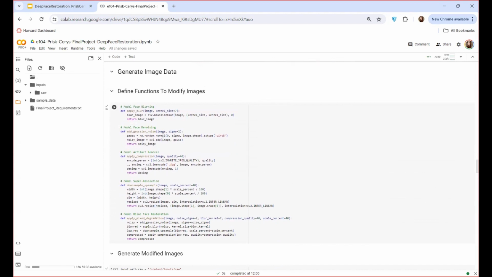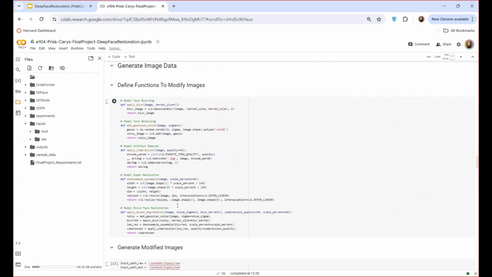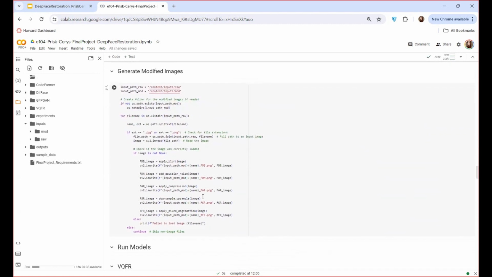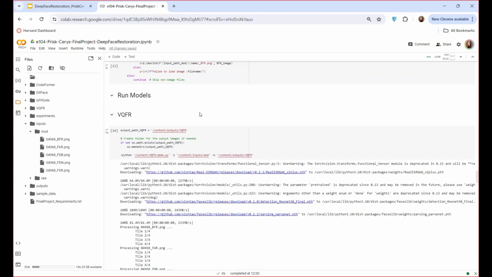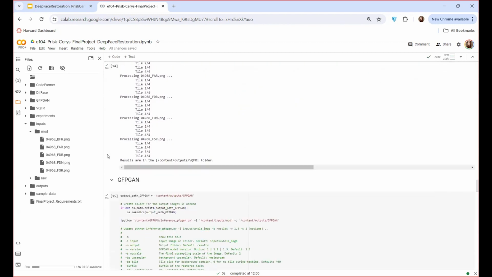I then take my input image and I modify it so that we can test the different forms of restoration. And then generate these modified images, which have been created in this folder here. I then run each of the models using those input images.